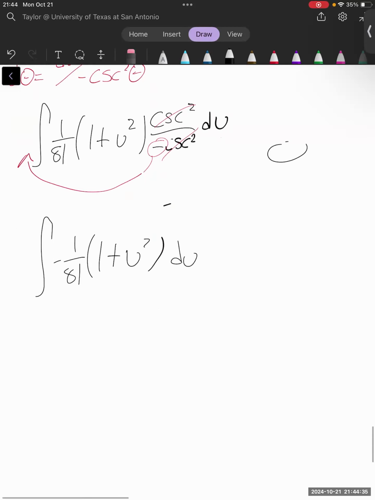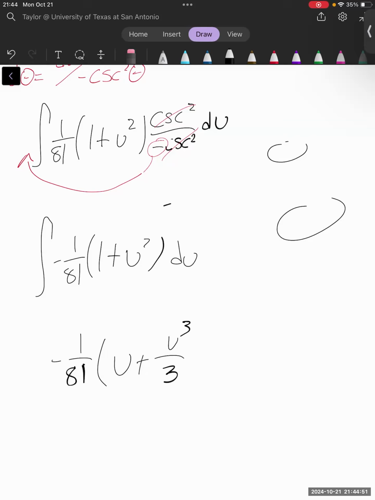Carrying out this integral, I get negative 1 over 81, u plus u cubed over 3, plus c.